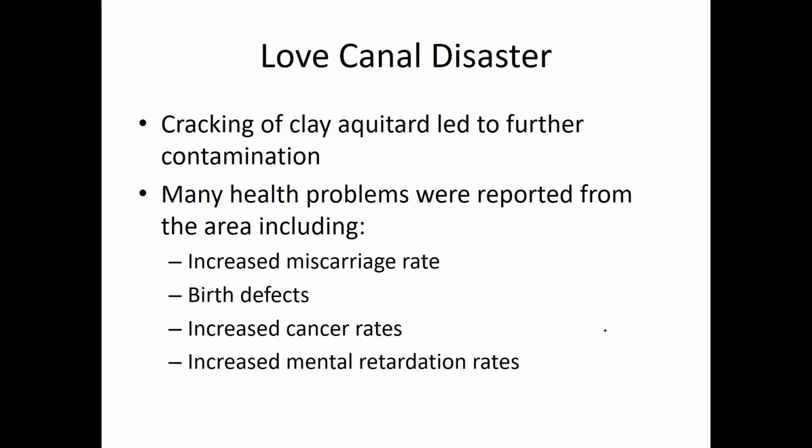Now, this was prior to the 1970s. In the 1970s, it was events like the Love Canal disaster and seeing all the contaminated running water and groundwater that caused enough public outcry that the federal government created a new agency called the Environmental Protection Agency, the EPA.